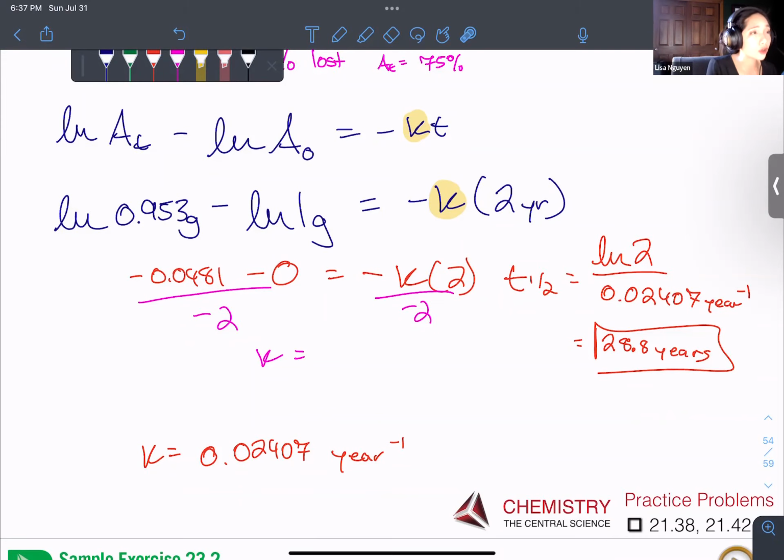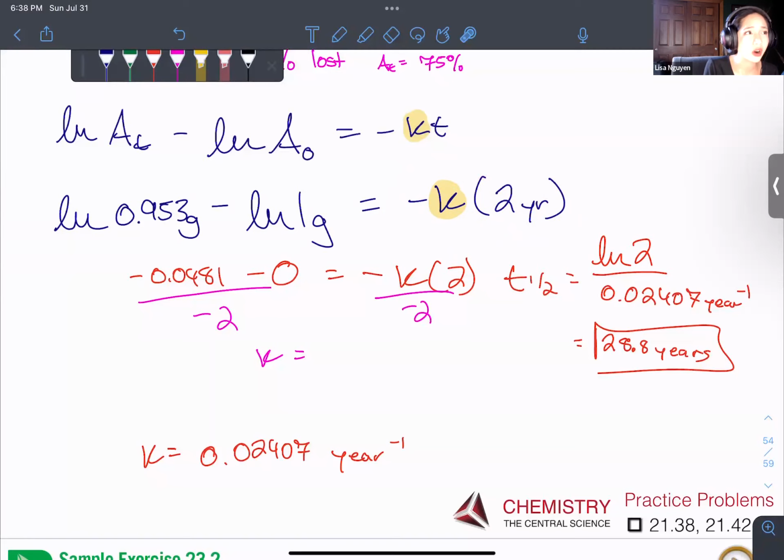With a first order reaction, the unit is always time to the -1. The reasoning is that when you take the natural log of any value, it's unitless. So I need to make sure that this side of my equation is also unitless. In order for this to be unitless, K needs to have the unit year to the -1 because T is years. And so that's how you make it unitless.